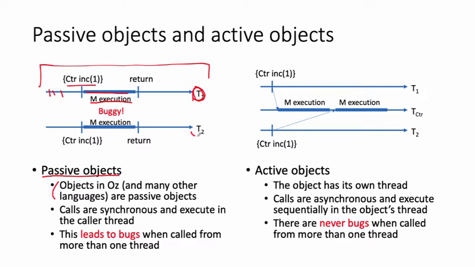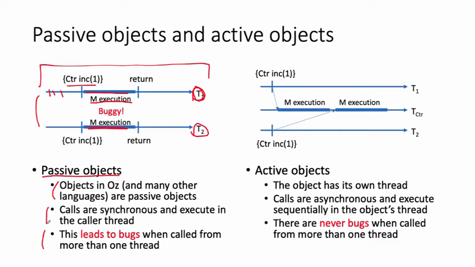If I have a second thread, T2, calling the object, then T2 will execute the code. If both of them are calling the object at almost the same time, both of those threads will be accessing the object code at almost the same time, so things can go weird. This can lead to bugs, which I will show you.